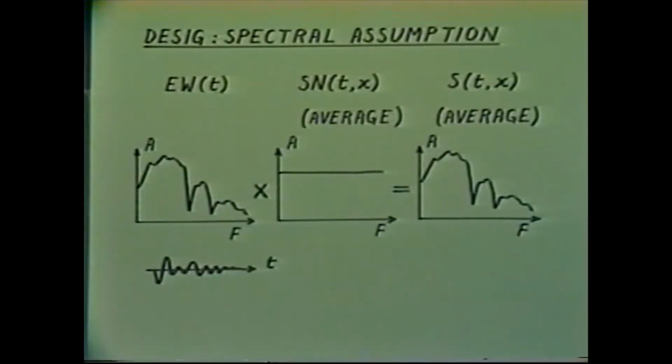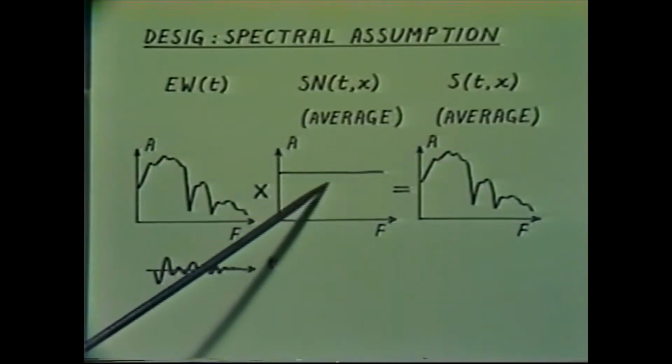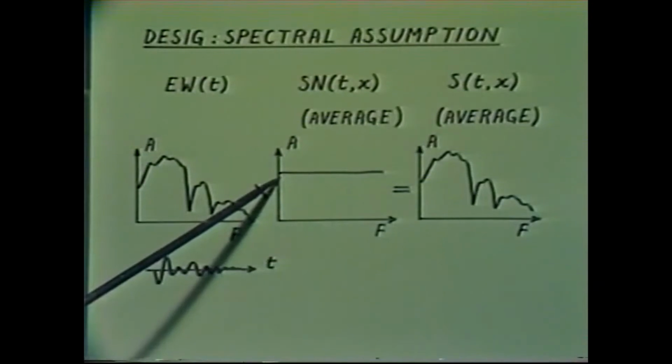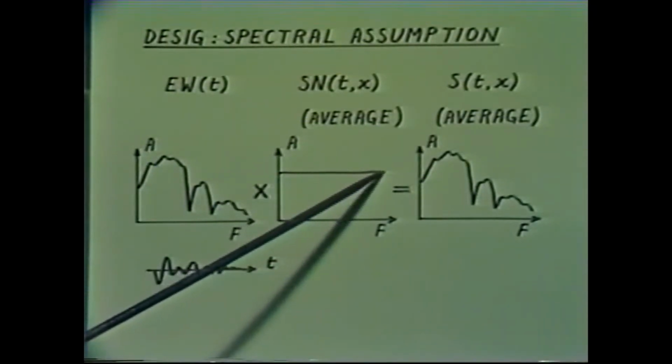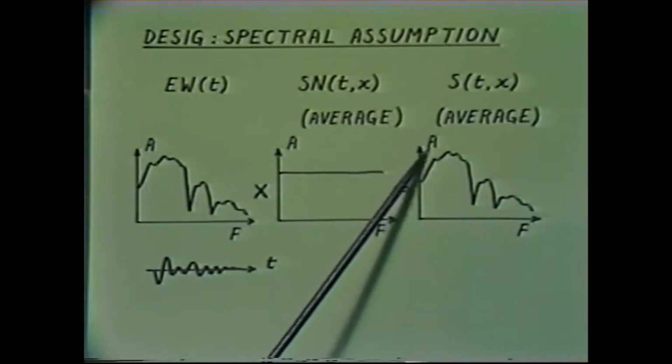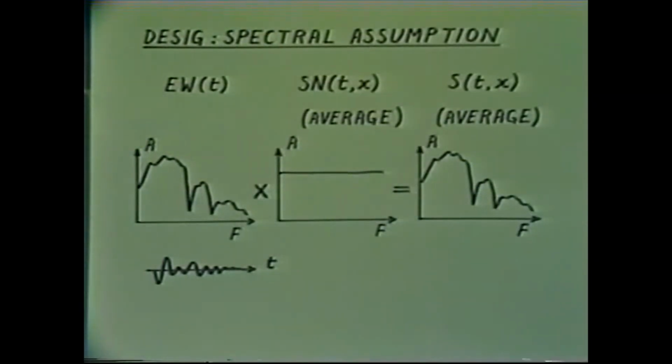Now, we've shown then that the average amplitude spectrum of the record to this point in the convolutional model is a flat, smooth spectrum. Now that is multiplied by the amplitude spectrum of the effective wavelet to give the amplitude spectrum of the record, of the input record to designature.